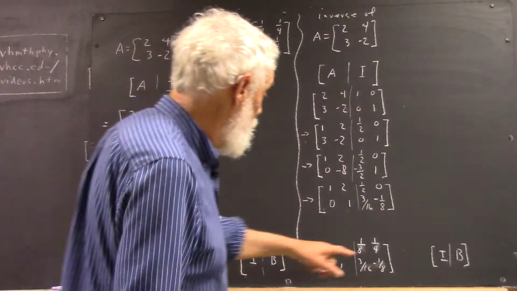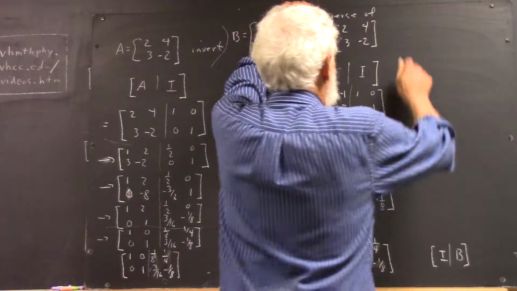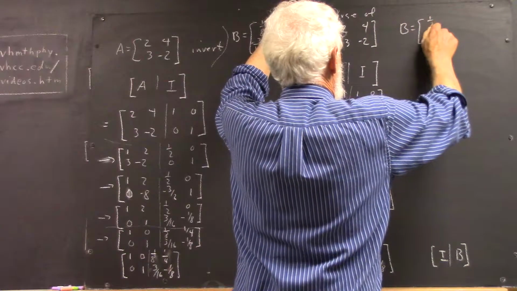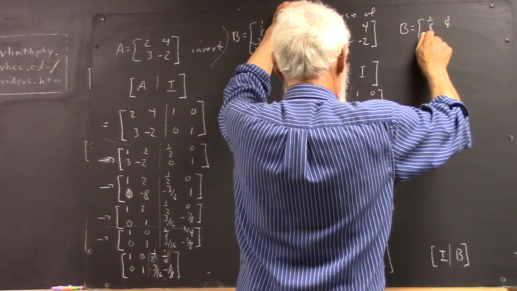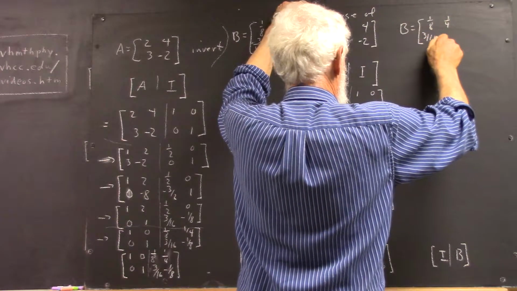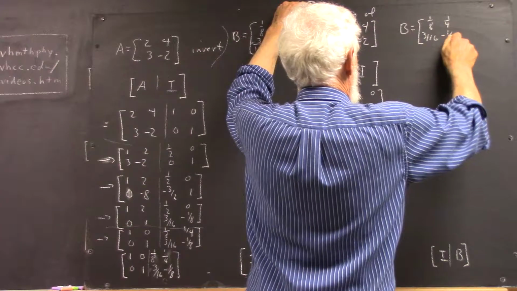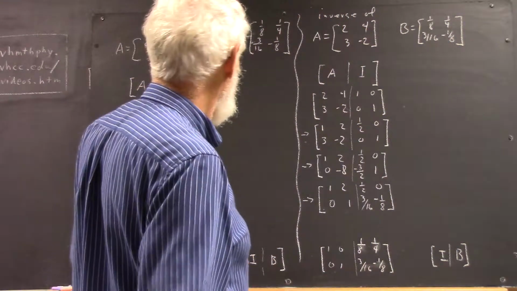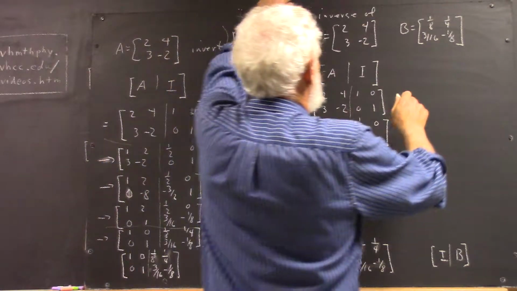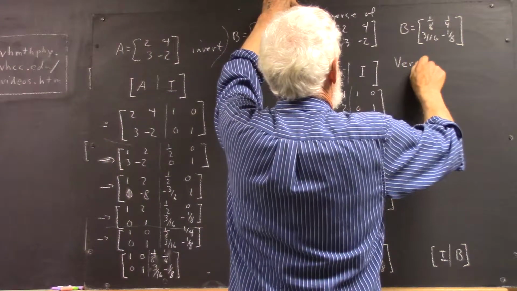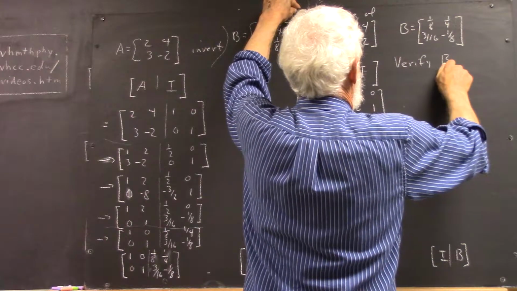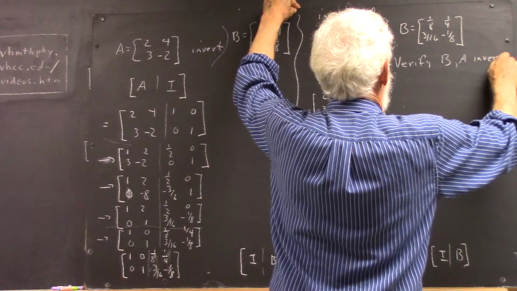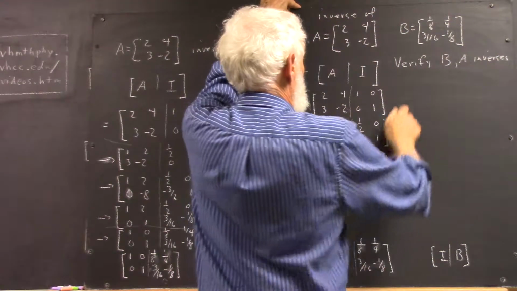So this is my B matrix. I say that B is 1/8, 1/4, 3/16, negative 1/8. Now we're asked to verify that B and A are inverses. Well, very easy.